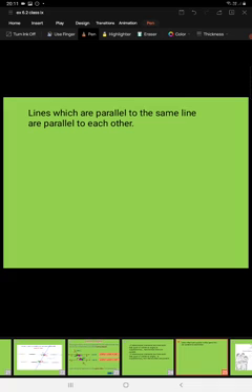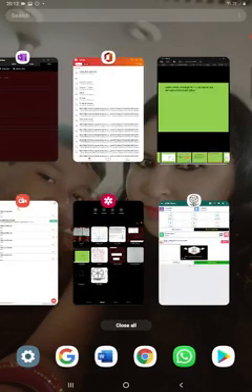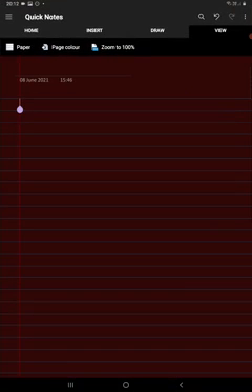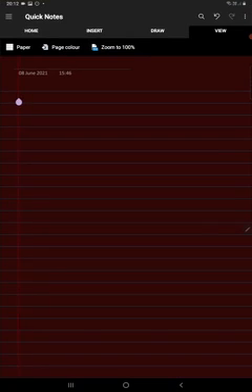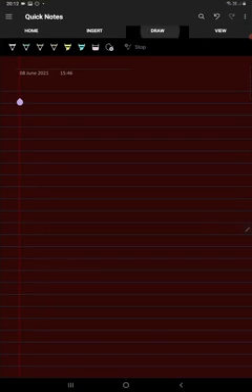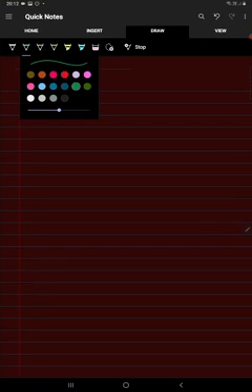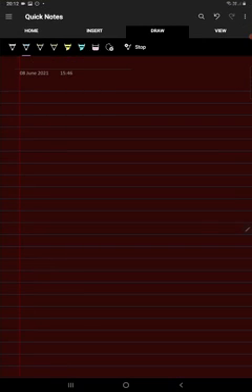Now this is again a very important theorem. We will use this theorem to solve some questions. For this I am going to prove this theorem here. It says lines parallel to the same line are parallel to each other. So I am drawing the lines here.